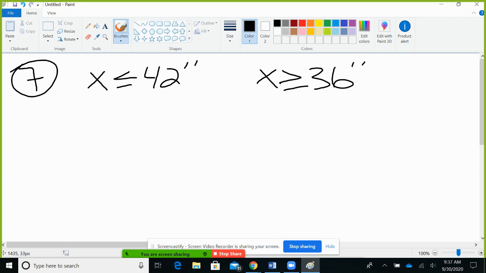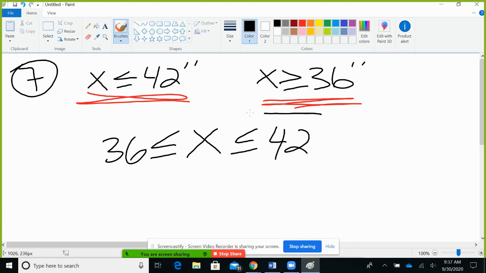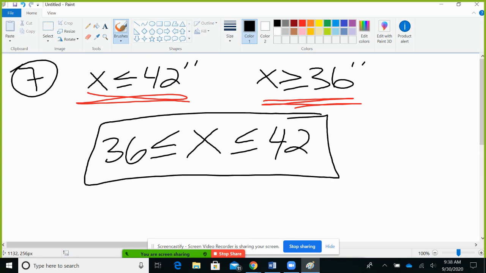So there are your two inequalities. Let's put the x in the middle: x is greater than or equal to 36, but less than or equal to 42. There's your compound inequality for number 7 for your refrigerator.